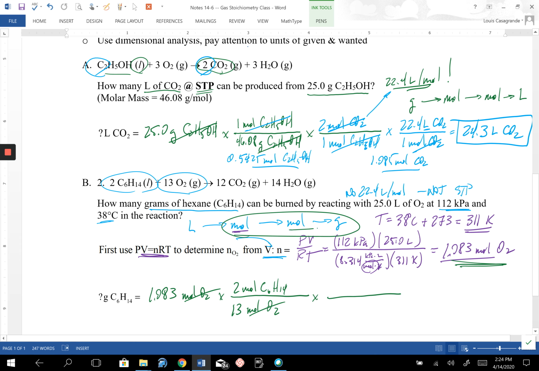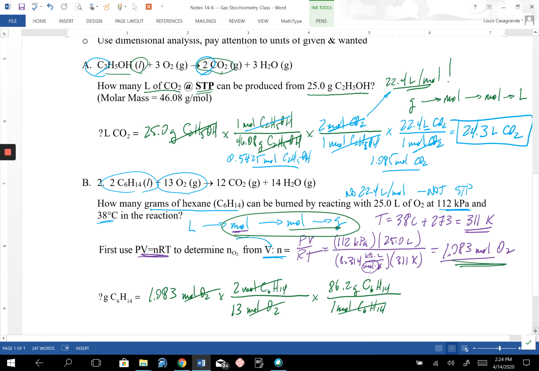So moles of the hexane to grams of the hexane. As before, molar mass. I'll spot you the molar mass of the hexane, 86.2 grams of C6H14 for every 1 mole of C6H14. And that cancels out there.